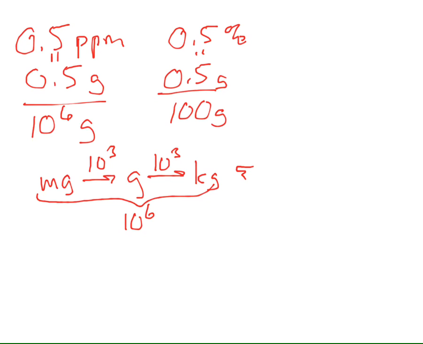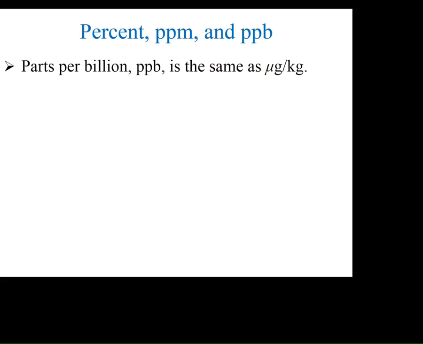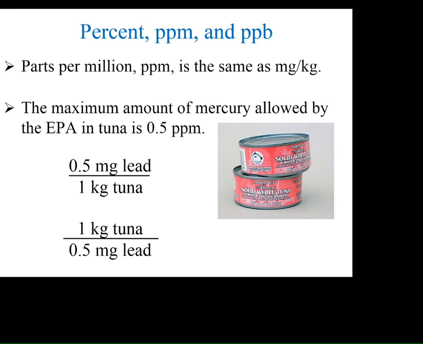So this can also be written as 0.5 milligrams out of a kilogram. That's the short, dirty answer. So milligrams and kilograms are 1 million apart. So you can also make this milligrams and kilograms because they're a million apart too. So parts per million is out of a million, or you can just say, like I said, milligrams per kilograms. We'll just go back.